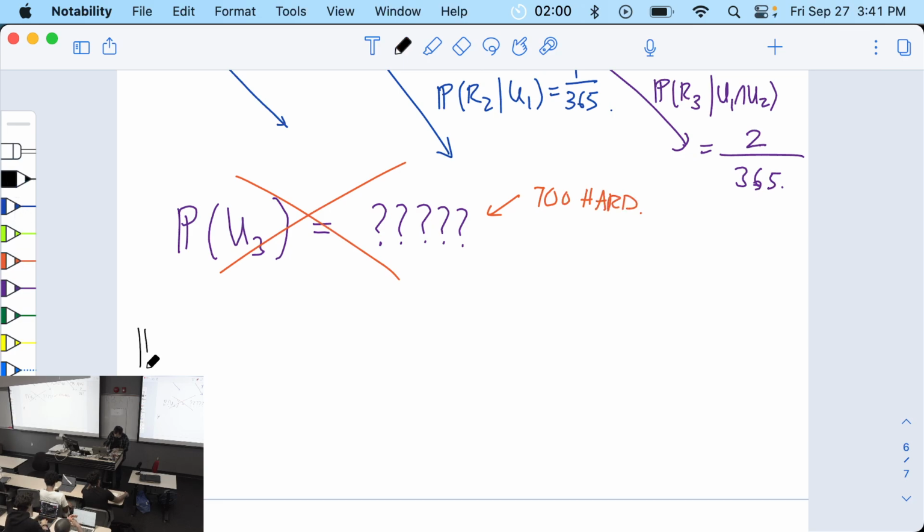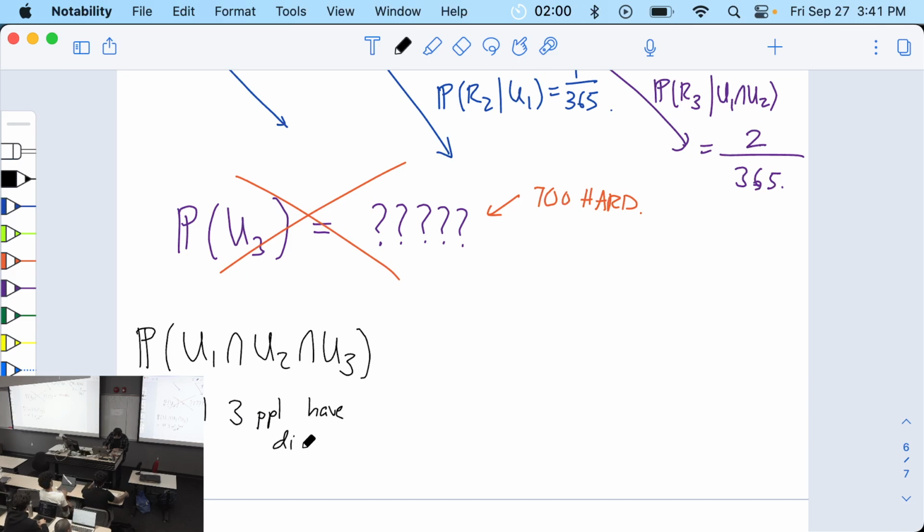So we want the probability of U1 intersect U2 intersect U3. This is the probability that all 3 people have different birthdays. Okay, and that's because U1 has a different birthday than the people before them, U2 is different than the people before them, U3 is different than the people before them.